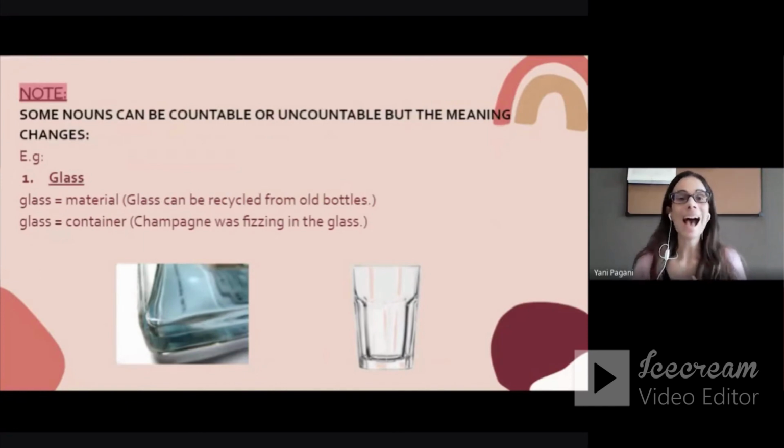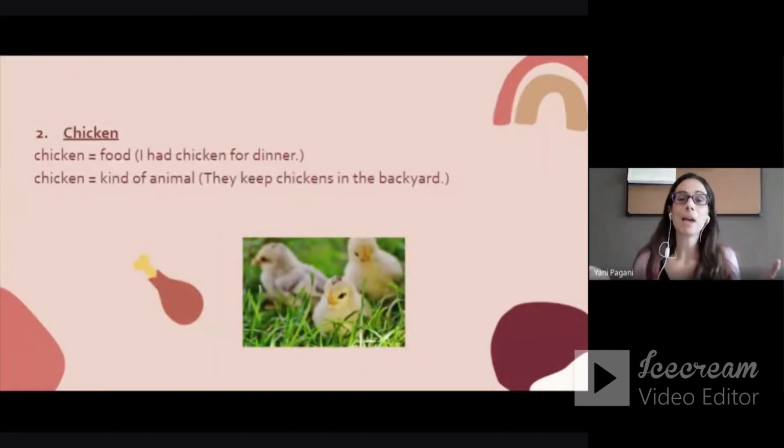Glass is uncountable when I refer to the material, but it is countable when I refer to the object that I use to drink. The same happens, for example, with chicken.